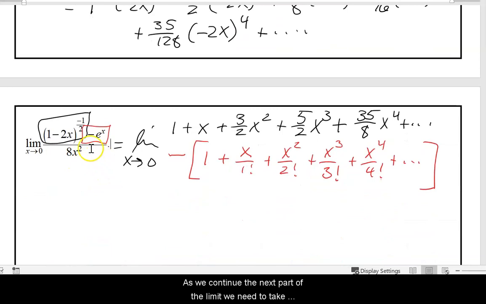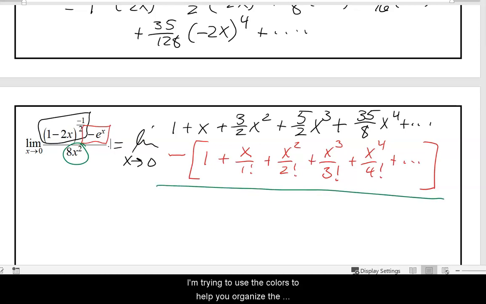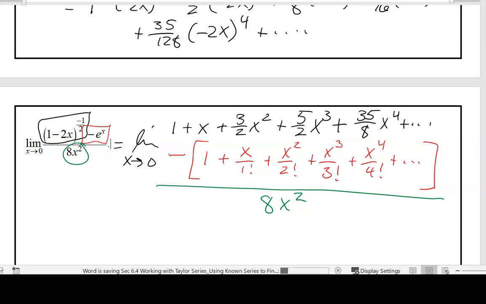As we continue, the next part of the limit we need to take care of is the denominator, the 8x squared. Let's do that one in green so we can see the difference. I'm trying to use the colors to help you organize the different pieces of this limit. Since it's so complicated, you can't really write it in one line all the way across the page.